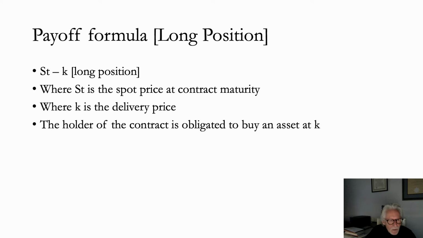So this is the payoff formula. It is the spot price at contract maturity. And what do we mean? The forward contract, not the contract of sale. So we have two independent contracts in this transaction. And K is the delivery price, the amount of Australian dollars that the bank is going to transfer to our buyer.